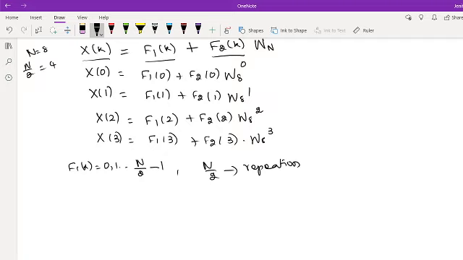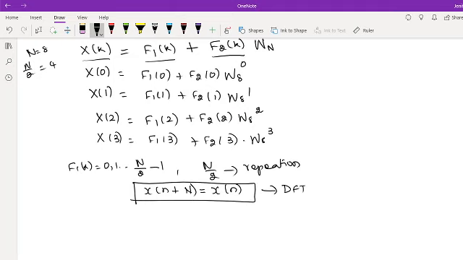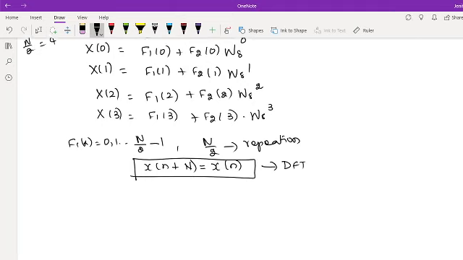Or we can apply the periodic condition x of n plus N is equal to x of n. This is the periodic condition for DFT. Now for f1 and f2 of k, this N is equal to N by 2, because the fundamental time period for f1 and f2 of k is N by 2.